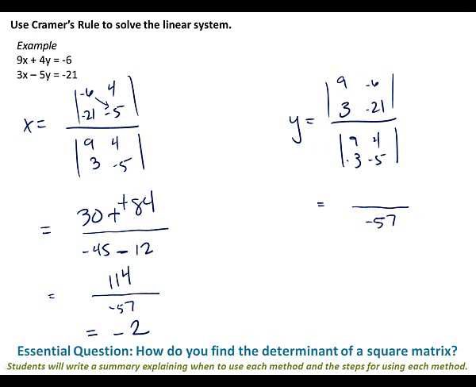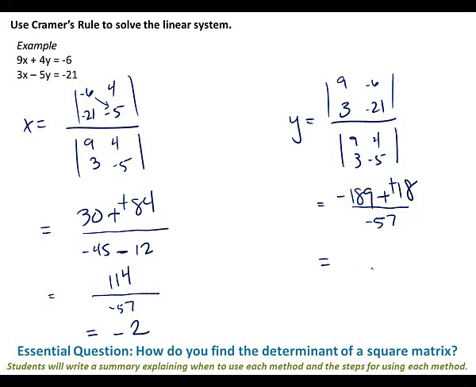All right, let's try the y determinant. So what's 9 times negative 21? Negative 189. Do we agree with Ivan? Negative 189. We okay? All right. And then what operation do we do? Subtraction. Good. What is 3 times negative 6? Negative 18. Good. Double negative is going to go? Positive.